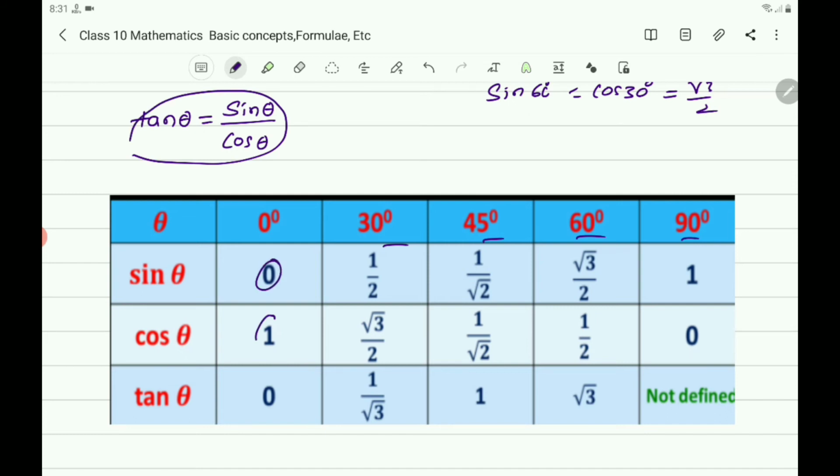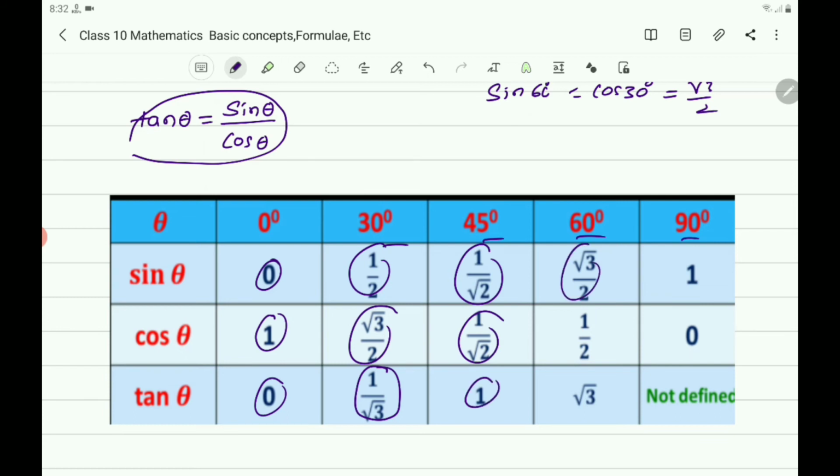So this by this, you will get 0. 0 by 1 you will get 0. 1 by 2 divided by root 3 by 2, the 2 cancels and you will get 1 by root 3. And 1 by root 2 divided by 1 by root 2 is 1. Root 3 by 2 divided by 1 by 2 is root 3. So 1 by 0 is not defined, because 1 by 0 is meaningless.